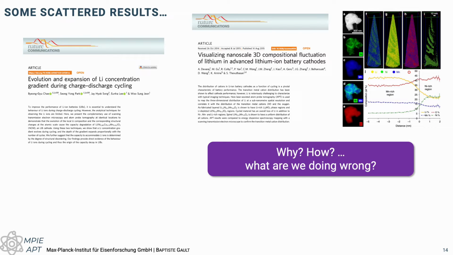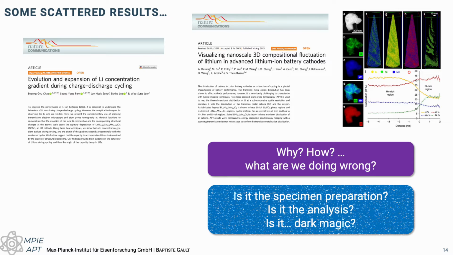It seemed to not only work, but also match with results that they were expecting from other techniques like TEM. So they must have been doing something right, or we must have been doing something wrong. And we wanted to test whether the lithium coming out was potentially due to defects from the specimen preparation, for example some additional heating. Maybe there was something else.